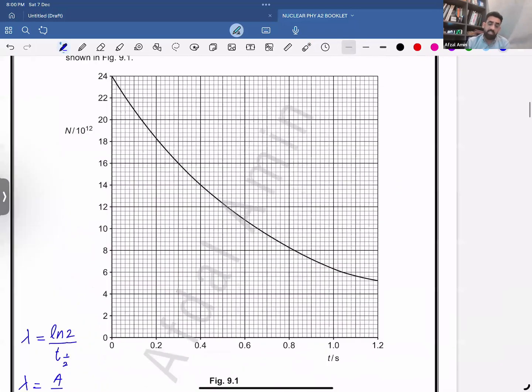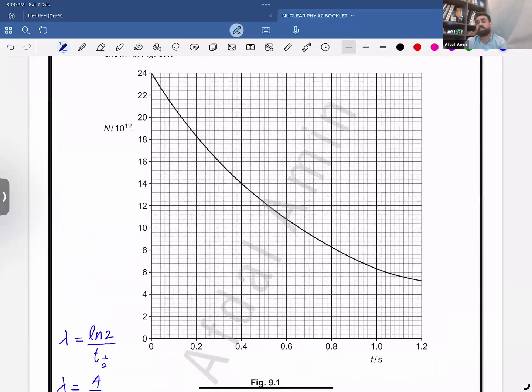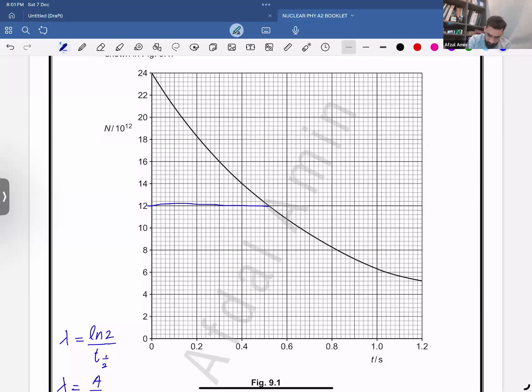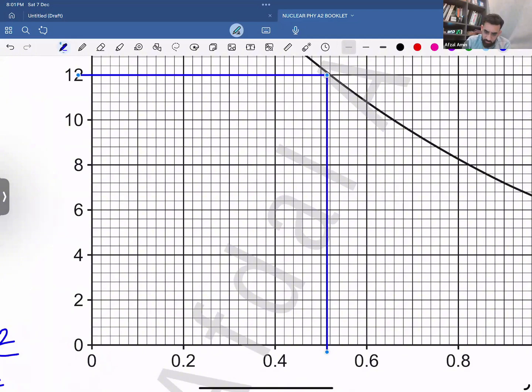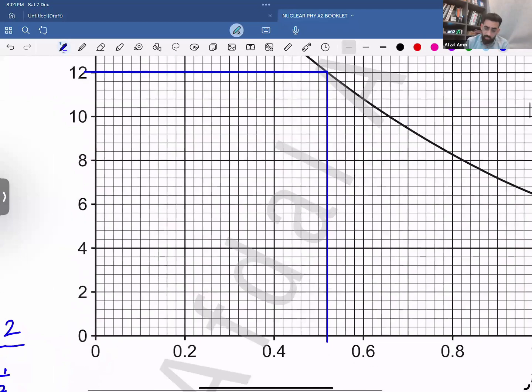So half-life means the mean time taken for any radioactive sample to decay to half of its original value. Time taken for half of the elements to decay. So if the initial was 24, the half will be 12, right? Good. Okay, dear students, what is this?